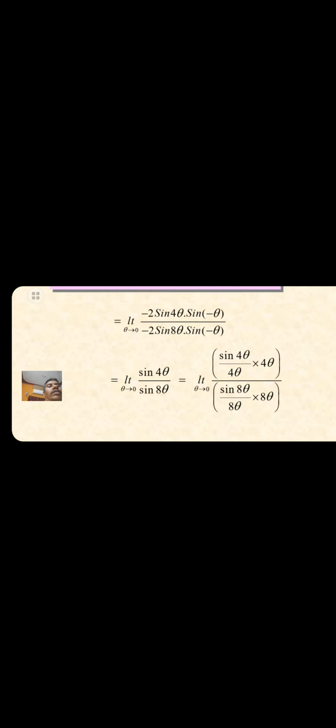So we get it like this: limit theta tends to 0, sine 4 theta by 4 theta into 4 theta, and sine 8 theta by 8 theta into 8 theta. So theta gets cancelled, or we will see what to do next.